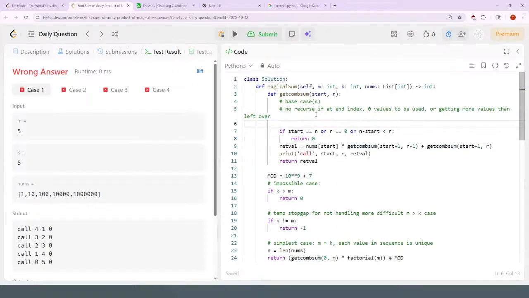I think the base case should be if r equals 1, somehow needs to return the value. Value times the sum of these things.